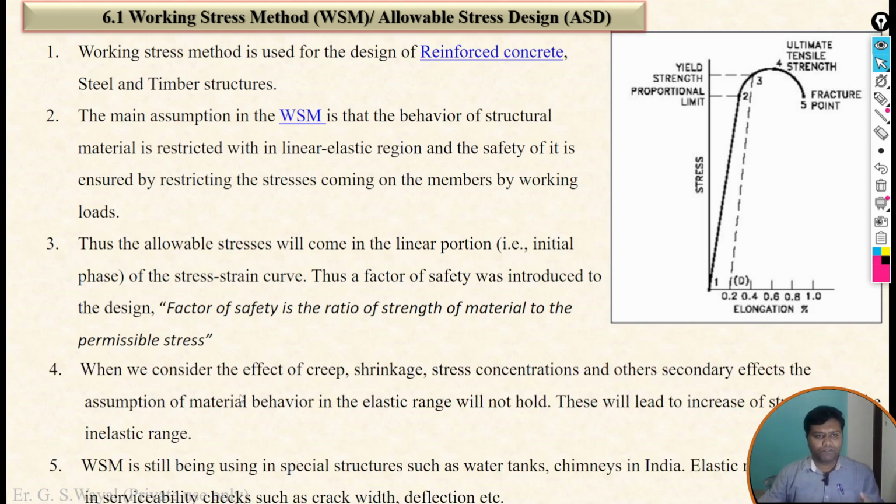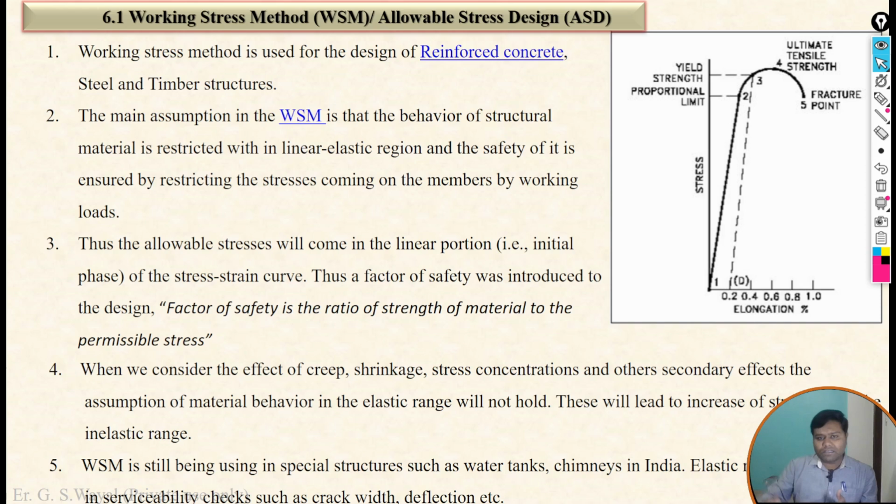Then next, the fourth point is when we consider the effect of creep, shrinkage, strain concentrations, and other secondary effects, the assumptions of the material behavior in the elastic range will not hold. This will lead to an increase of stresses into the inelastic range. Okay, so basically what happens?